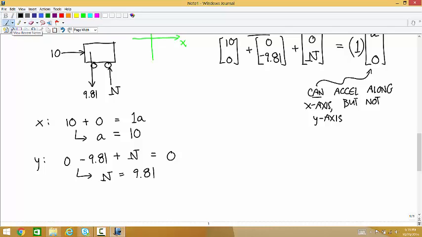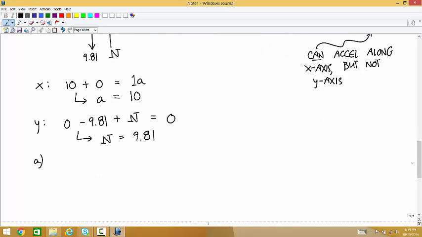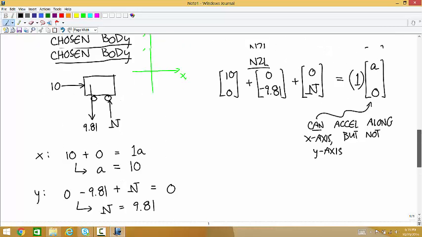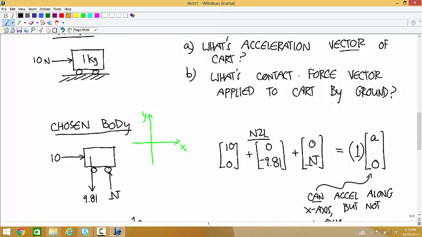Okay, so part A asks for the acceleration vector. We've already specified the acceleration vector. Remember, the acceleration vector appears in Newton's second law. So this is it.